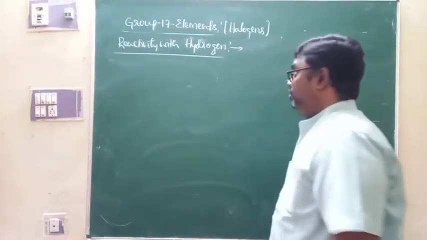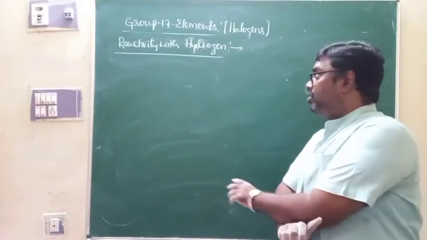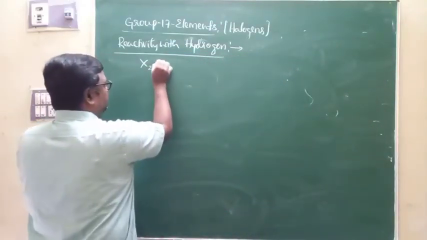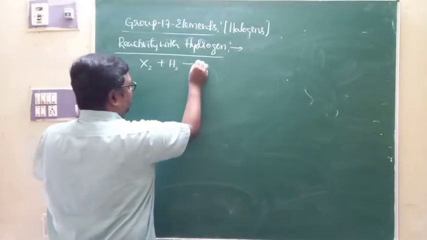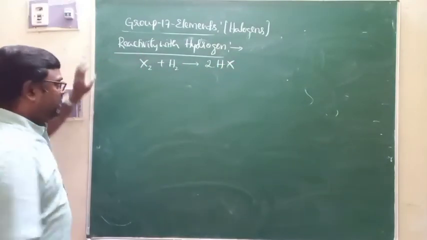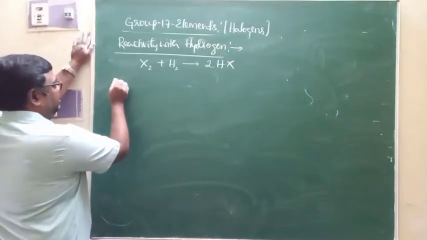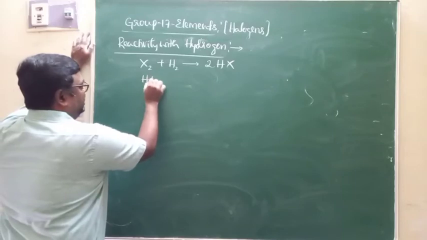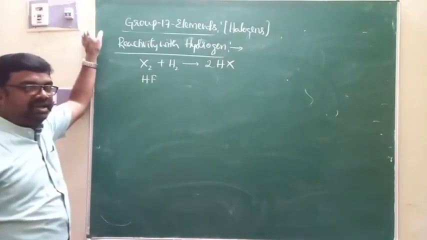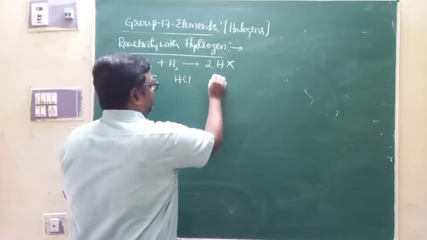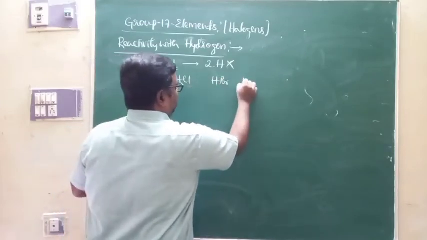Now at this moment, we'll go to one more chemical property, that is reactivity with hydrogen. When halogens react with hydrogen, that leads to the formation of hydrogen halides. And of course we have hydrogen fluoride, the monohydrides of halogens, or you can say hydrogen chloride, hydrogen bromide, or hydrogen iodide.